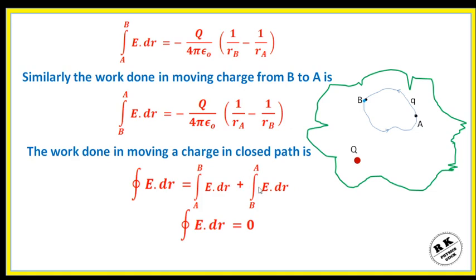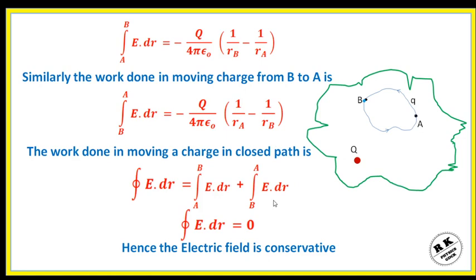So what does it say? From our previous slides, we can conclude that the work done in moving a test charge along any closed path is 0, that is, independent of path.